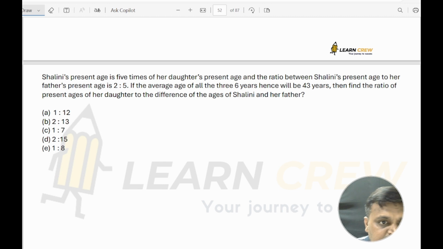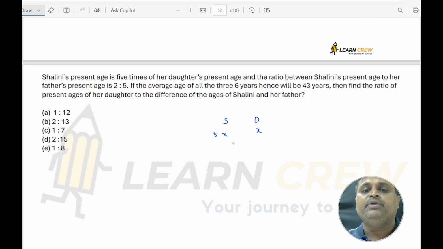Next, Shalini's present age is 5 times her daughter's present age. So if the daughter's age is x, Shalini's age would be 5x. The ratio of Shalini's present age to her father's age is 2:5.